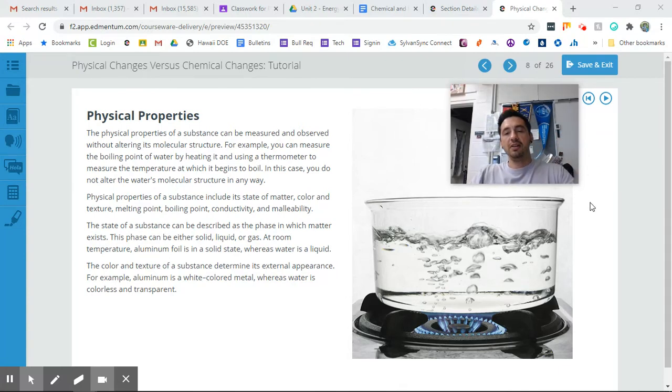Also, whether they conduct electricity, whether they're magnetic, whether they're malleable, meaning they can be molded into something. These are things that don't change, and there's no chemical reaction involved. Physical properties do not involve chemical reactions. Things like color, texture, and external appearance are also physical properties. Okay, pretty simple.